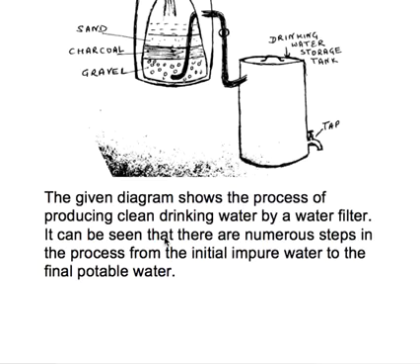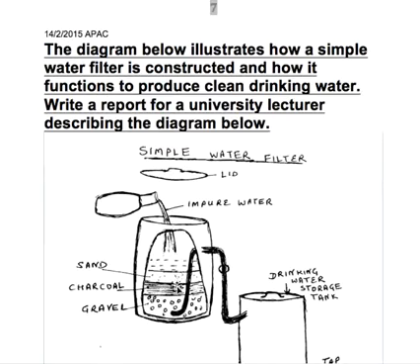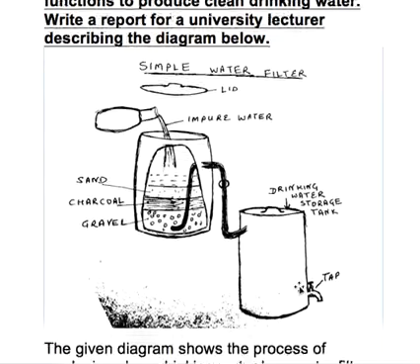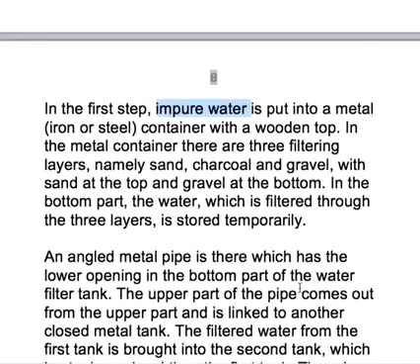This is an angled pipe, and the lower opening is in the bottom of this tank, and the other opening is in another tank which is meant for storing the drinking water.